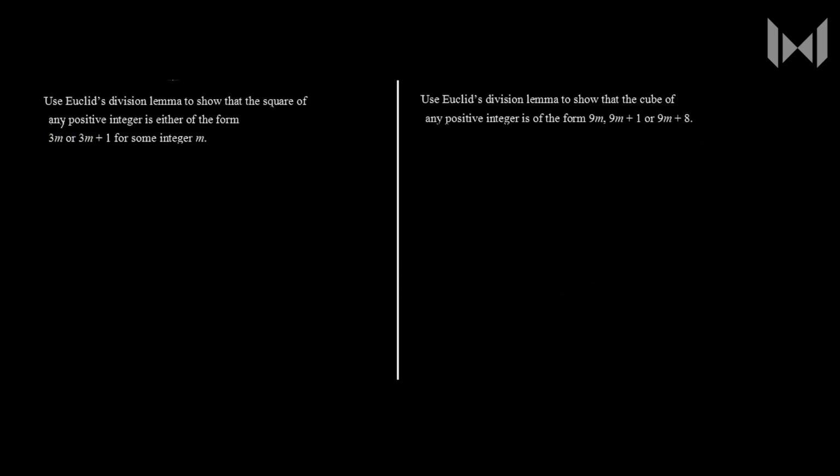Now, talking about the other question, to use Euclid's division lemma to show that the square of any positive integer is of the form 3m or 3m plus 1. So what we do is, we start with any positive integer.